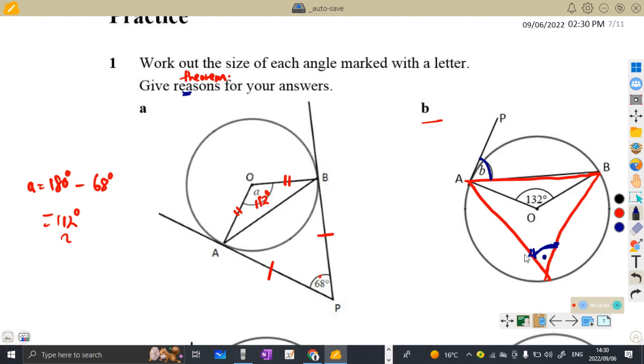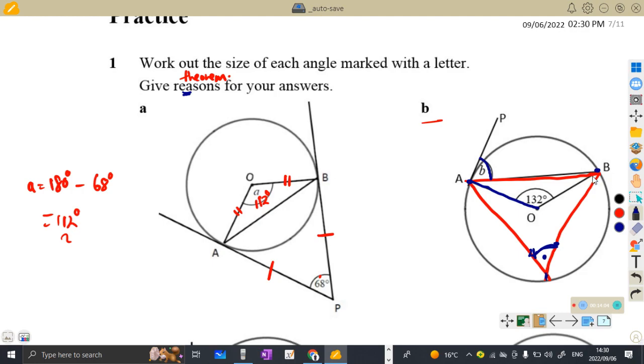But how are you going to find this angle? Because we do not have this angle at the circumference first. We can take advantage of 132. Why? Because chord AB is creating an angle at the center, and at the same time it's creating an angle at the circumference.